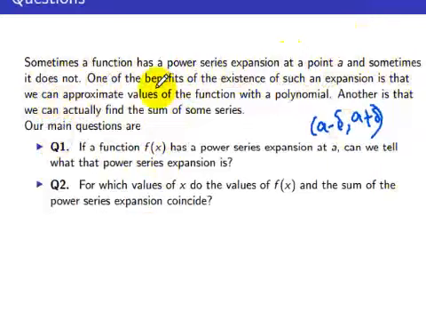One of the benefits of the existence of such an expression is that we can approximate the value of a function with a polynomial. If you have a very complicated function, you can approximate it as a polynomial. We know that a polynomial is smooth, very differentiable, continuous, right? Very smooth function. So that's one of the benefits.